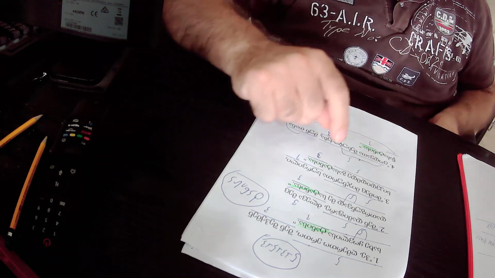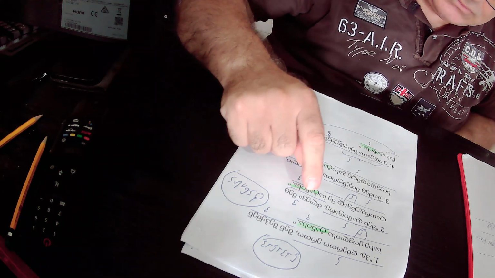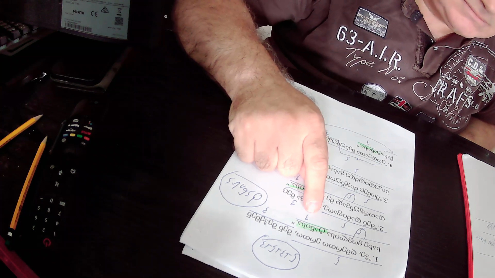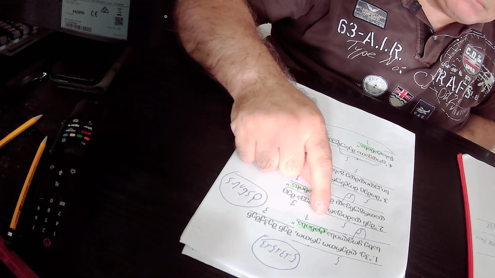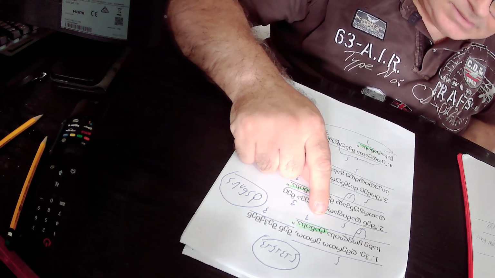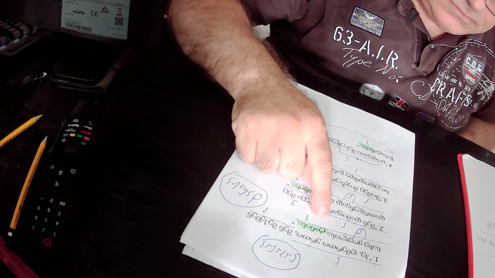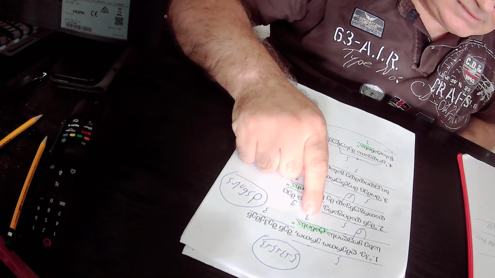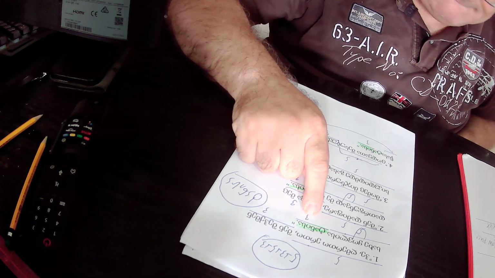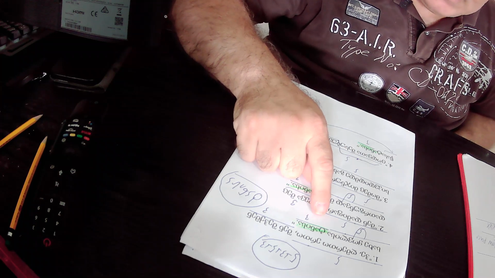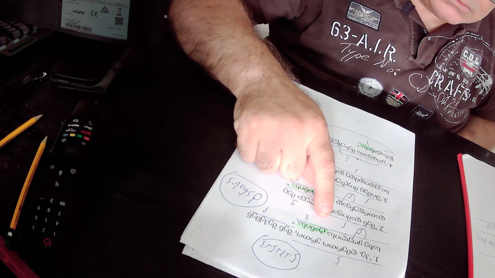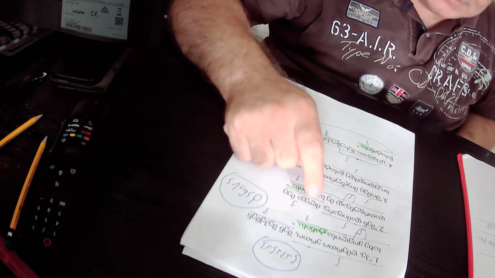The last word of line number 1 in stanza number 2 is Tanisa. Tanisa is a body. It consists of 3 syllables, Tanisa, and the rhyming is on those 3 syllables, Tanisa.